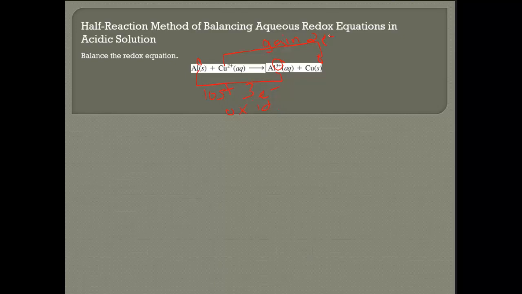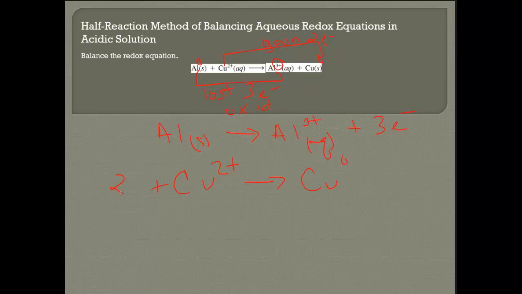Now let's break up those reactions. Aluminum yields aluminum 3 plus, aqueous. It lost 3 electrons, so we're going to put 3 electrons on the right, because that's what it lost. Copper is going from a +2 to a 0, it gained 2 electrons.